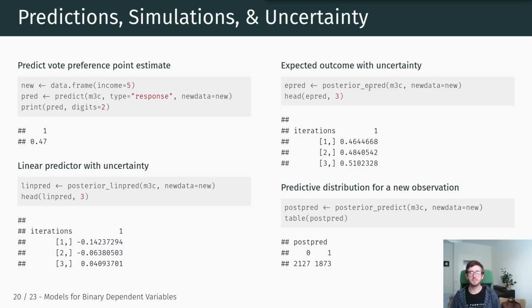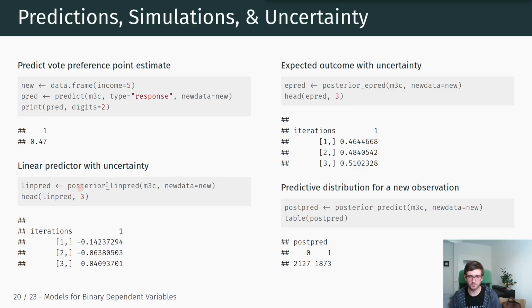But here this is a little bit more complicated because we have this difference between our linear predictor, the systematic component, then plugging that into the link function to actually get our probability, and then our individual predictions, which are again dichotomous outcomes, right?